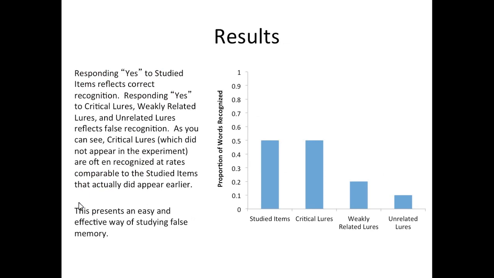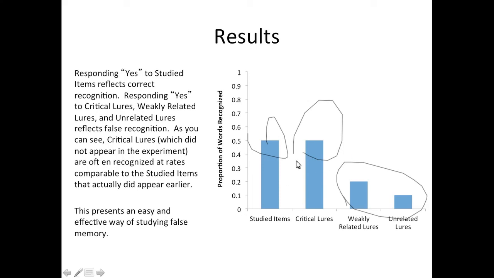So what we're hoping to see in the results is that you'll get about half of the studied items correct. That's this column here. You will get about half of the critical lures, some people more, some people less. And then these other ones will be down here because you didn't see them and they're only sort of related.